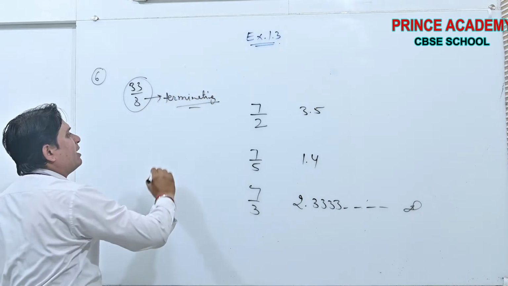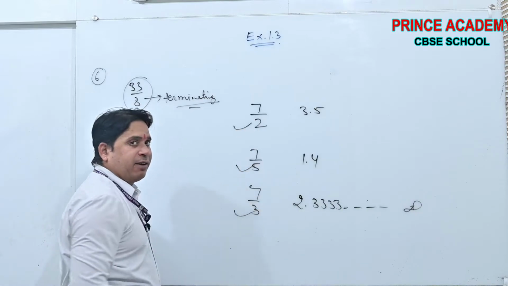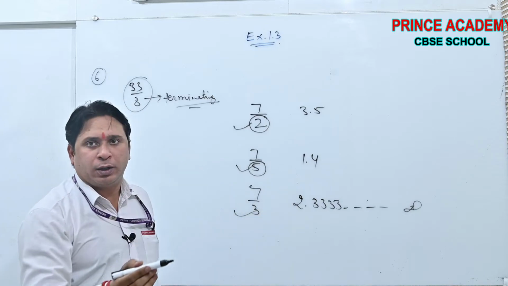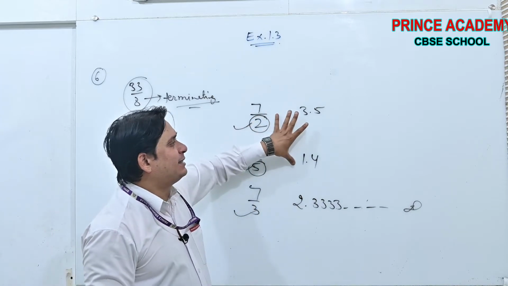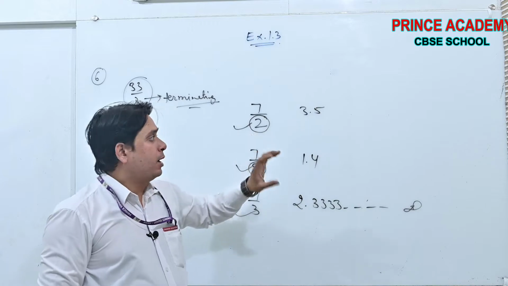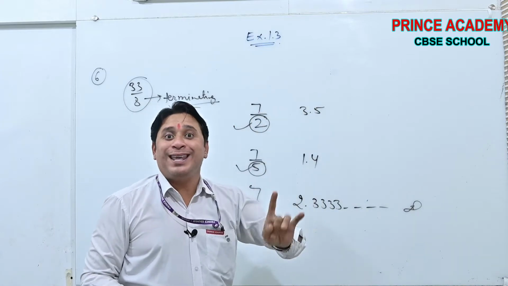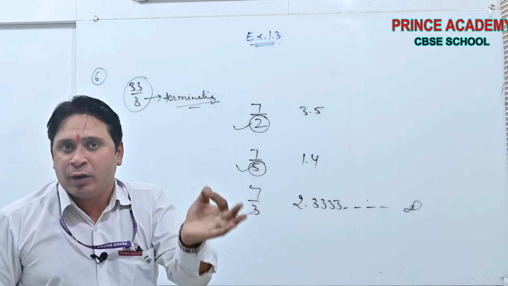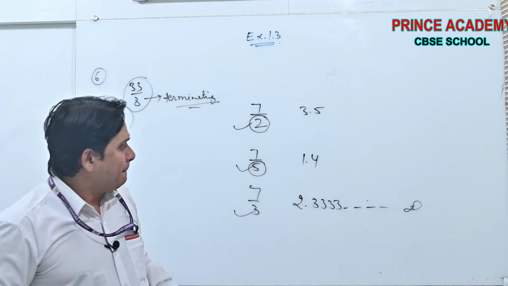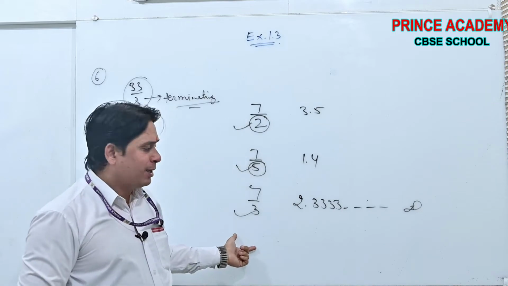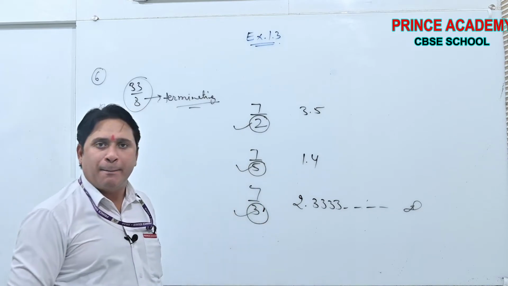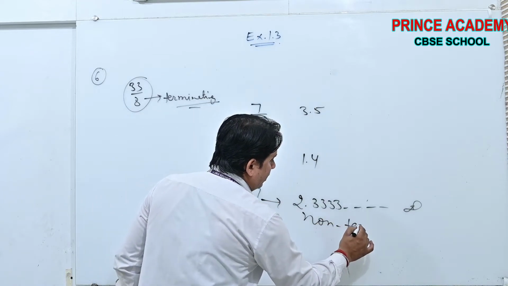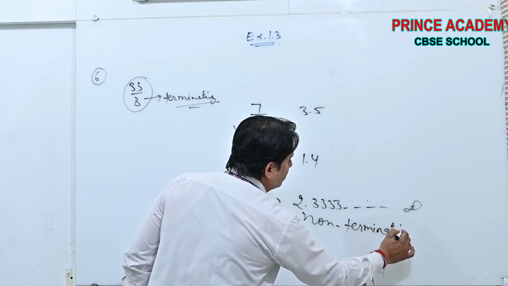See beta, whenever the divisor is in the form of 2, 5 or both, only in that case termination is there. Decimal expansion will terminate only if 2 and 5 are the prime factors of the divisor. But if there is any prime number other than 2 and 5, in that case it will be non-terminating. Yes or no?